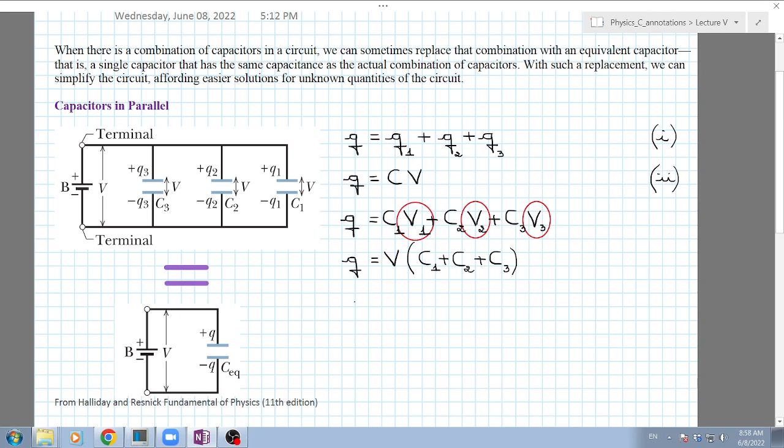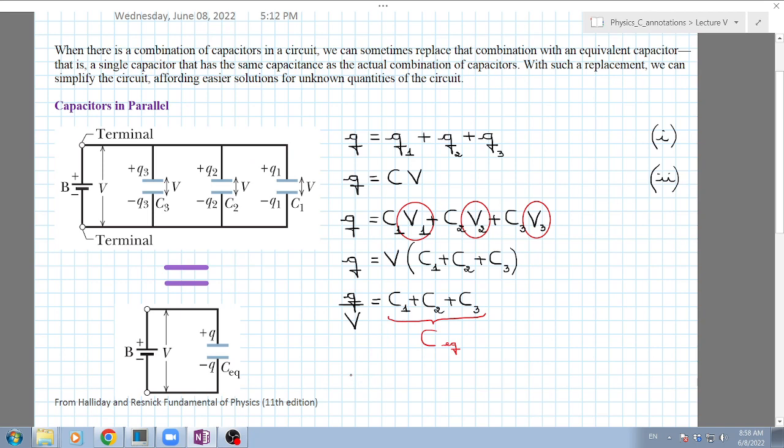I can divide this, and what you have here is Q over V, which is going to be the sum of these capacitances. And this term, the right-hand side, is going to be the equivalent capacitance.